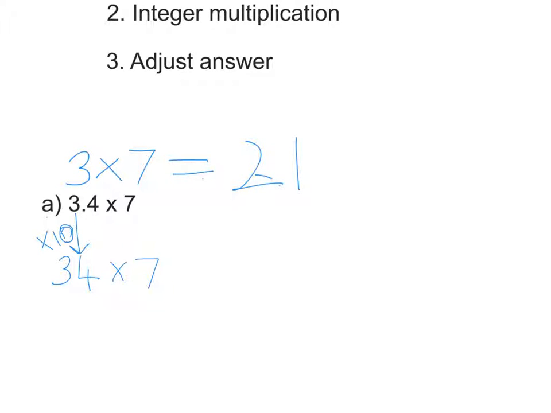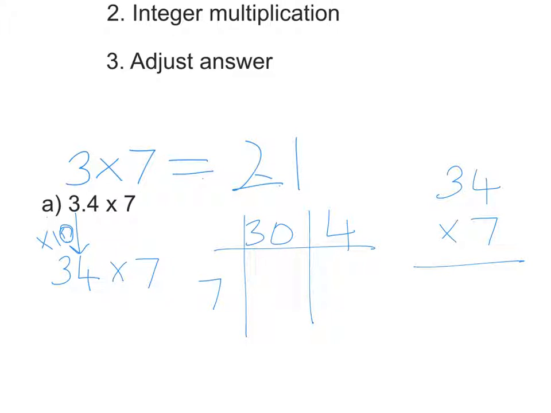Now I can do this calculation, 34 multiplied by 7, in my usual method, whether that's the grid method or the column method. It doesn't really matter which method I use.